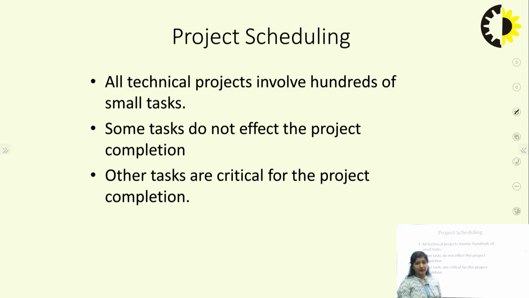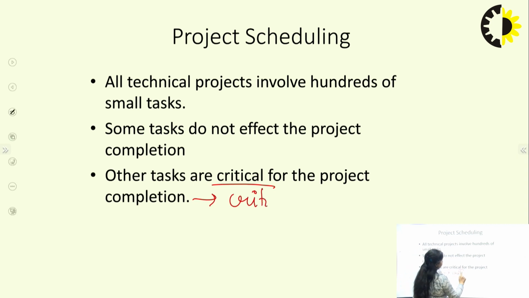After that, we need to identify which tasks, if not completed on time, will not affect the project, and which tasks, if they are running late, will affect the project. Such tasks are critical in nature. We can also term them critical tasks.